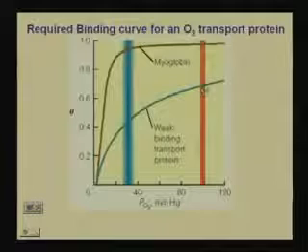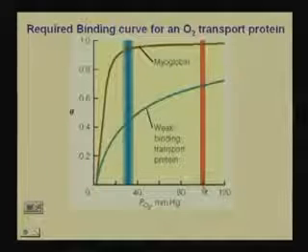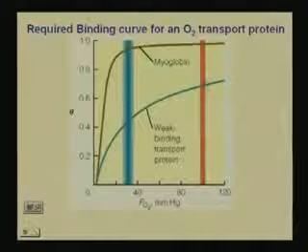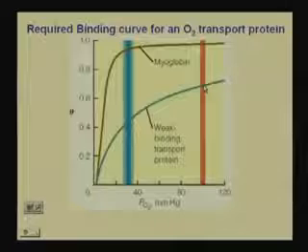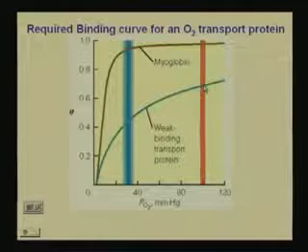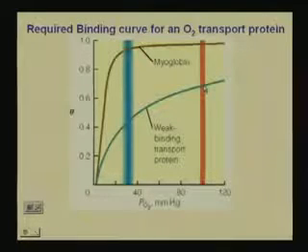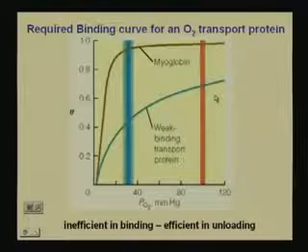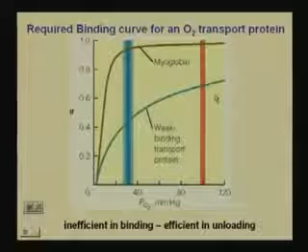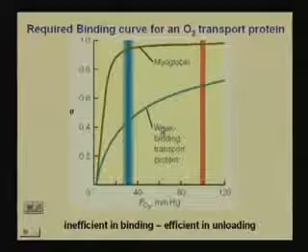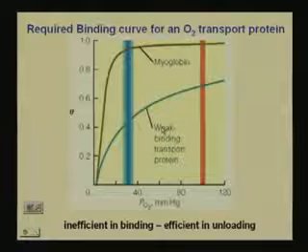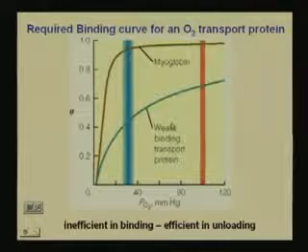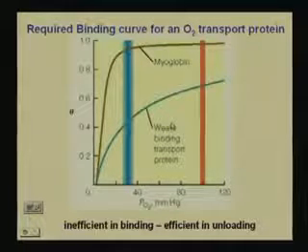It is pretty inefficient, because even when I am close to 100 millimeter mercury, I still do not have even 70% oxygen bound. So in this case, I have something that is efficient in the unloading but inefficient in the binding. So in this case, I have a weak binding transport protein.